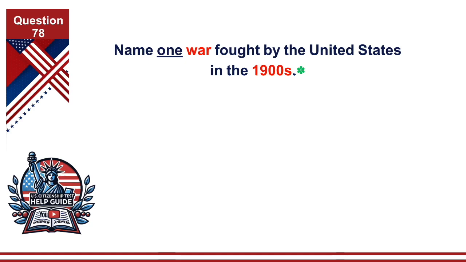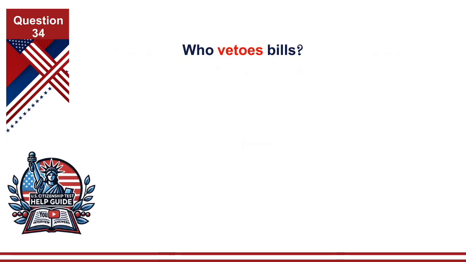Name one war fought by the United States in the 1900s. World War I. Who vetoes bills?